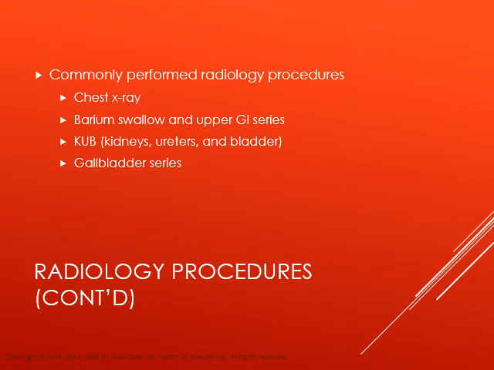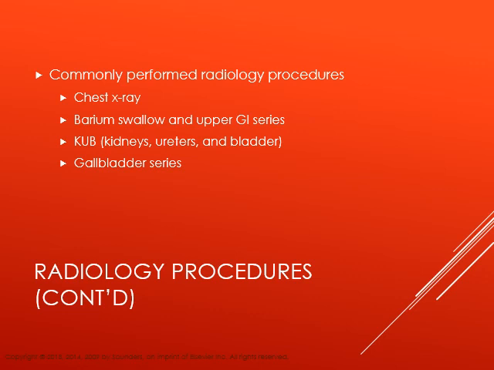Commonly performed radiology procedures are your chest X-rays, barium swallows in your upper GI series, your KUBs or your kidney, ureters, and bladder scans, as well as your gallbladder series. Many times these procedures require special preparation that the patient must do before having these procedures conducted.